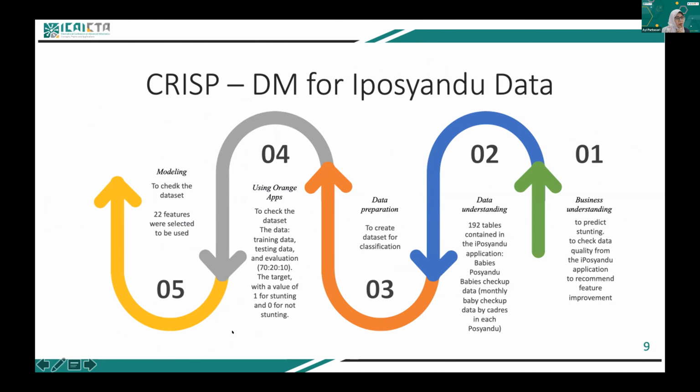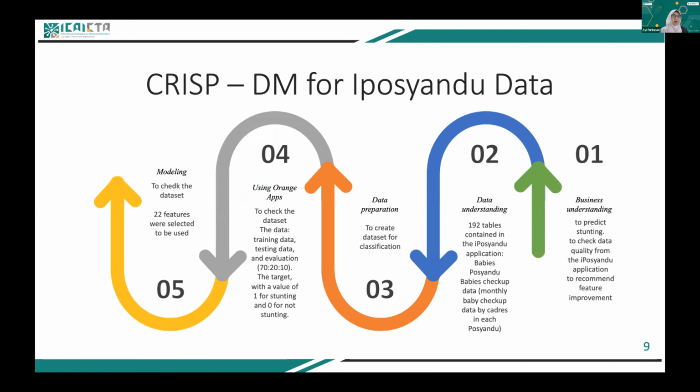When we talk about business understanding in iPosyandu data, we hope the iPosyandu data can be used to predict stunting, but as I mentioned before, we have to check the data quality from the iPosyandu application.